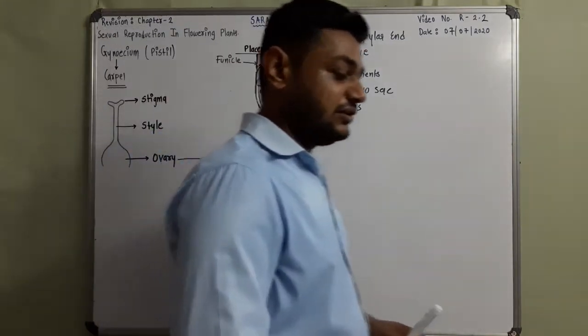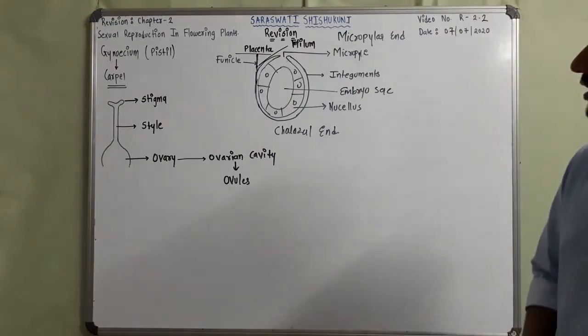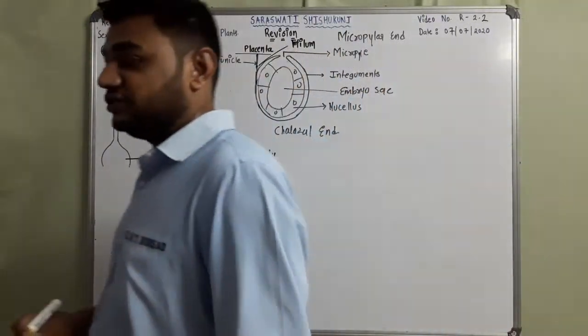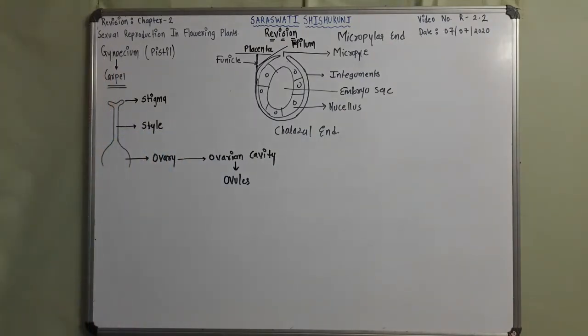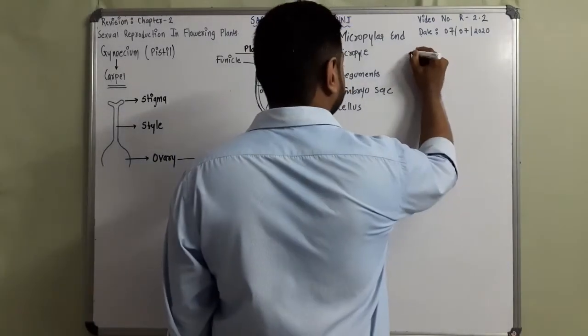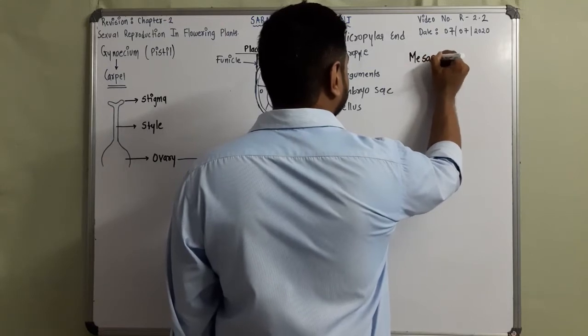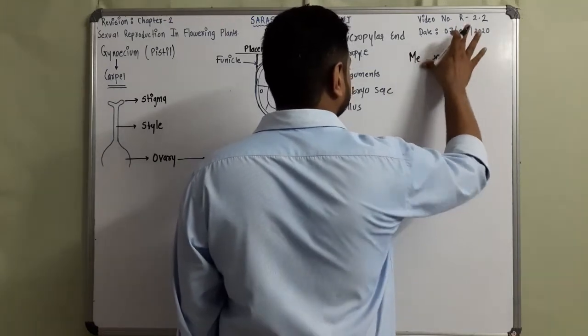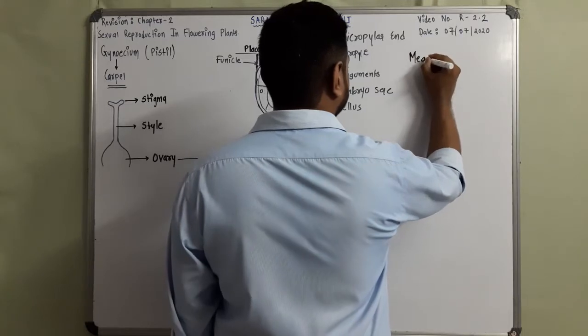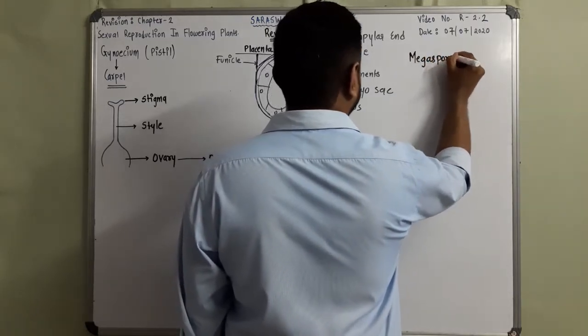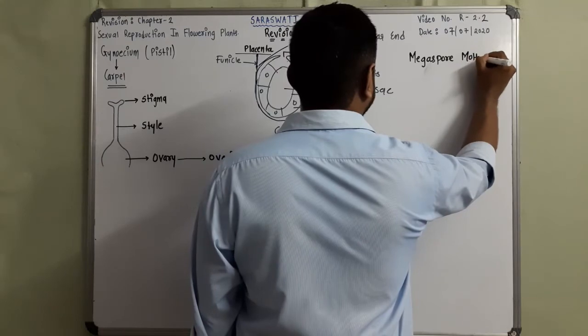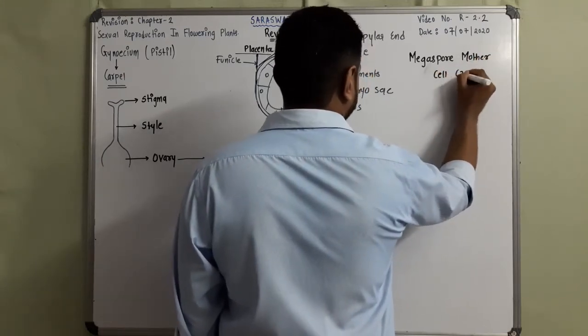Now let's understand megasporogenesis. What is megasporogenesis? Formation of megaspores from the megaspore mother cell is referred to as megasporogenesis, right? So the megaspore mother cell is diploid in nature.